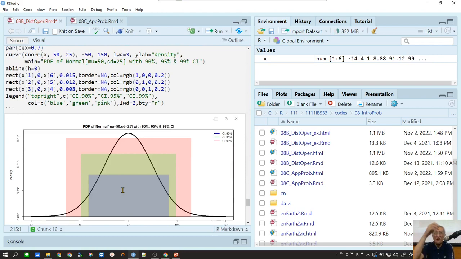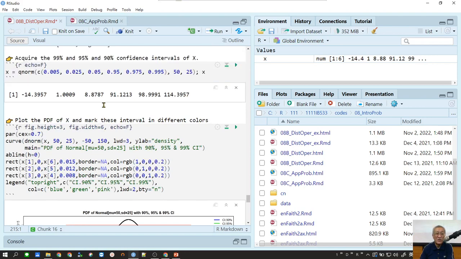But this looks maybe too complicated, right? But we know that, in order to do the 99%, we need this one, isn't it? To do 95%, it's this one and this one. To do 90%, it's this one and this one, right? So this is the boundary that we want to draw.